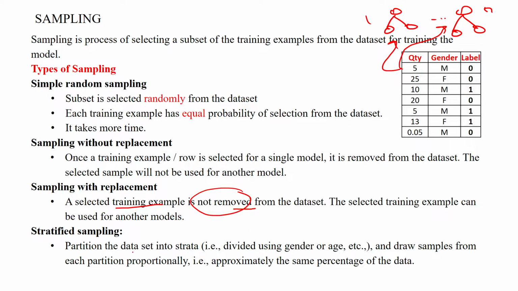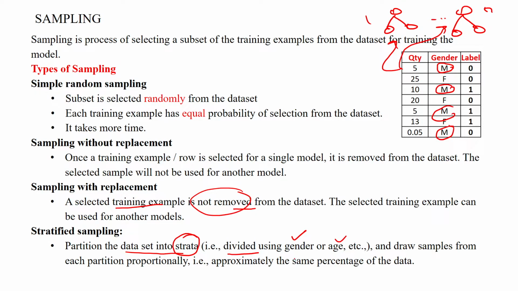Stratified sampling means we divide the samples into small groups, called strata, using gender or age, for example. Suppose I want to divide the samples using a simple strata: male samples will be in one group and female samples in another group.